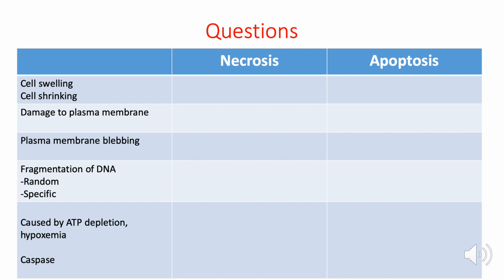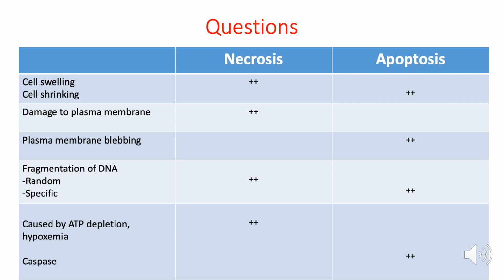And which among them involves the activation of the enzyme caspase? Apoptosis. Please remember the leaking of cytochrome C from the mitochondrion, activating now the caspase enzyme, which will cause the degeneration of the organelles of the cell. And these are now the correct answers.